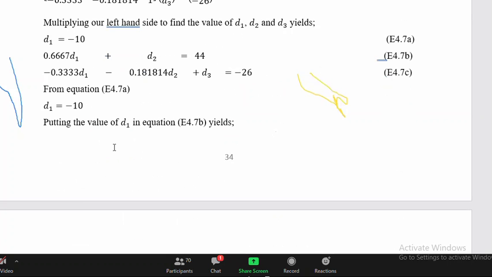Let's use our calculator. If D1 is that, we can put D1 here, multiply D1 here, all right? You have 3 minus 3.333. D1 is minus 10, so it becomes plus.